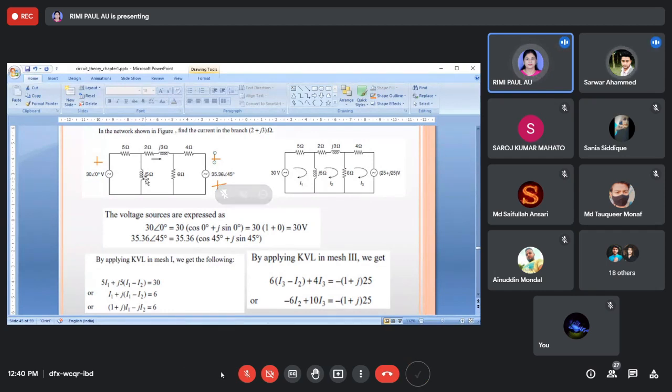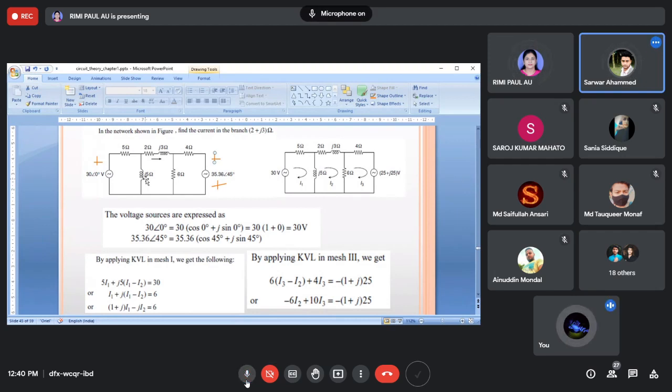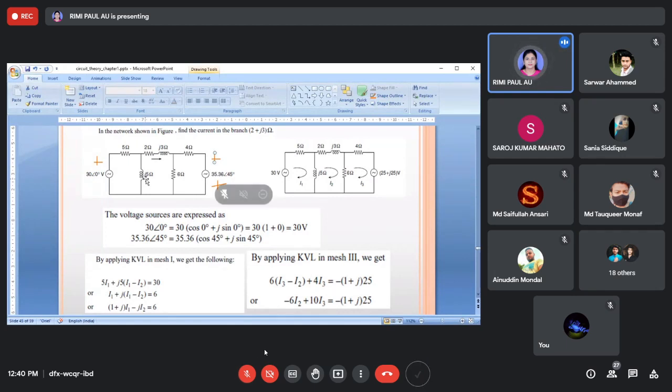Just, you have one chapter, the AC circuit, right? You have learned RL circuit, RC circuit, RLC circuit, impedance triangle, admittance triangle. Have you learned these terms? Inductive reactance, capacitive reactance.